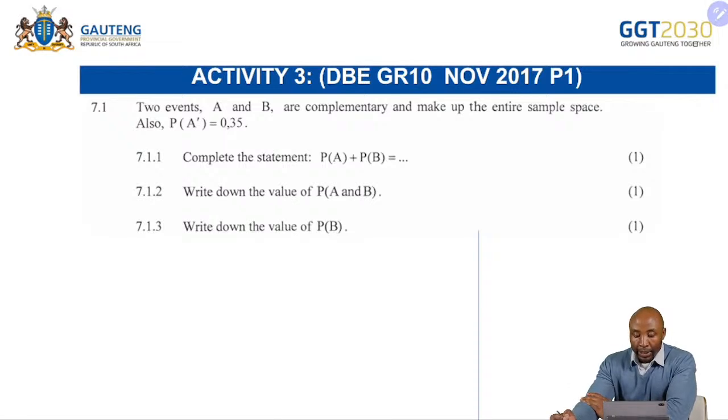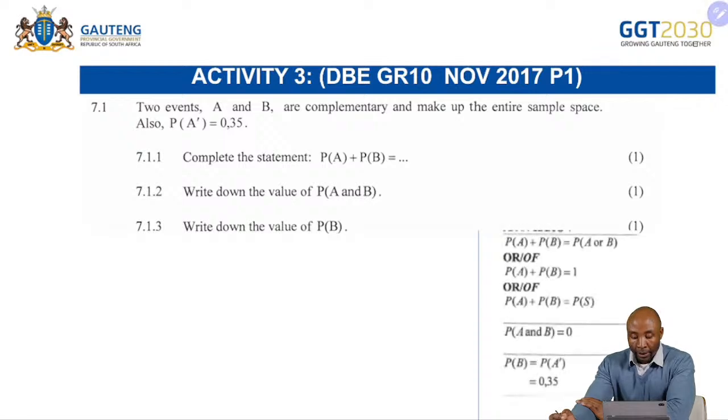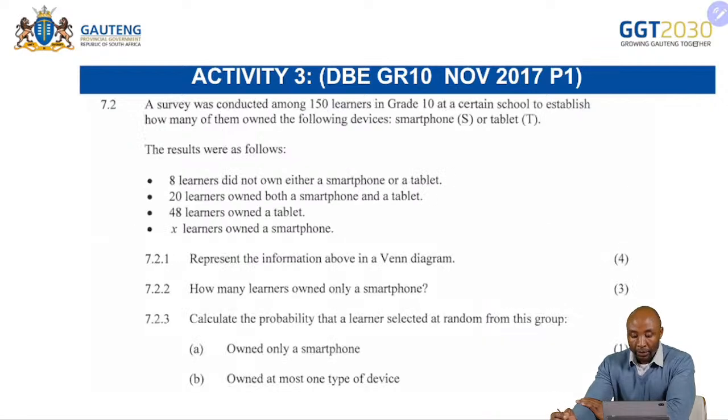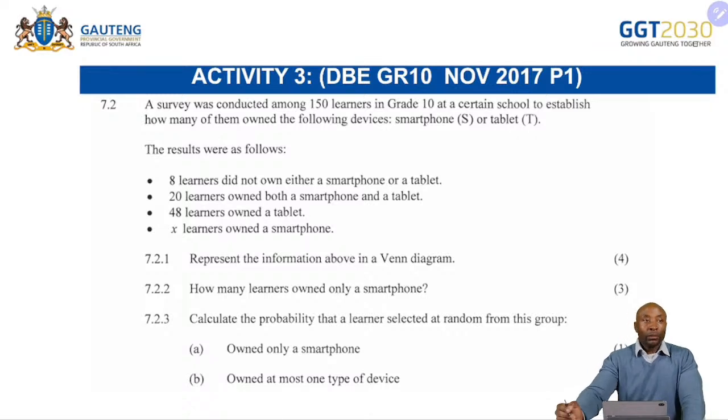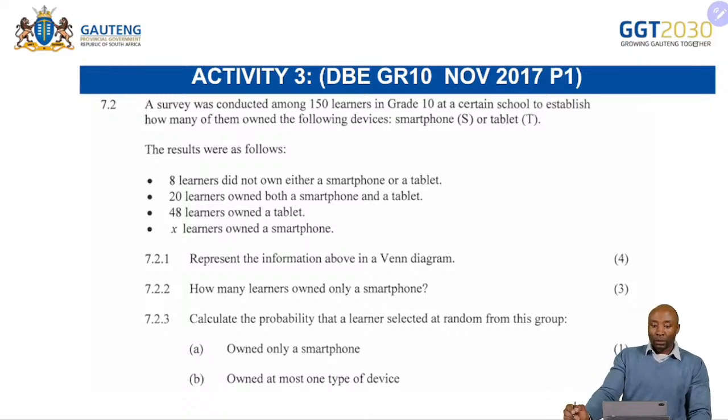you can take a photo of that question 7.1. You will do it later on as a homework. There are the solutions. You can also have 7.2. It requires us to draw a Venn diagram. You can also do it later on as a homework.